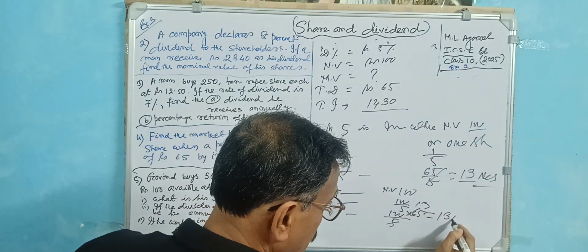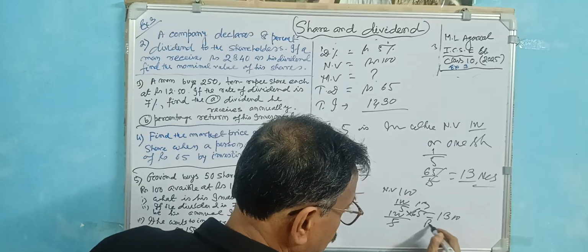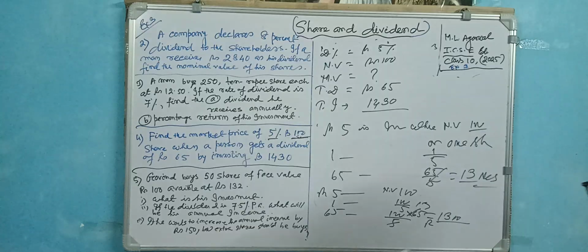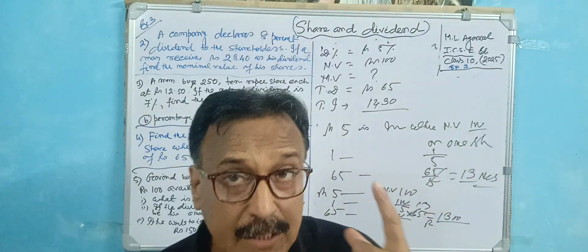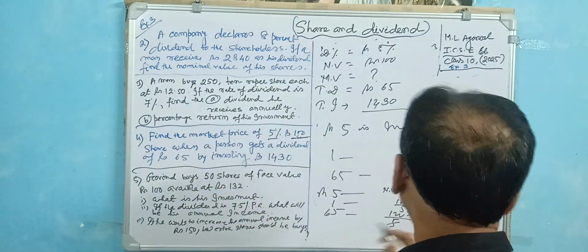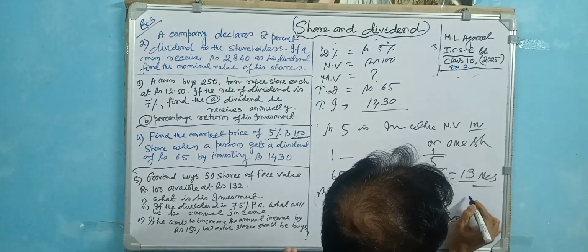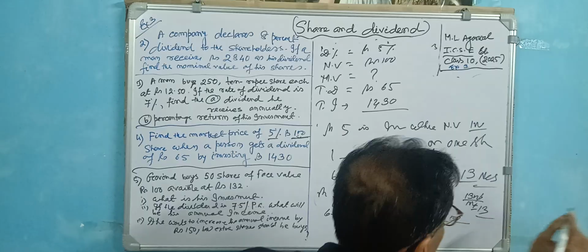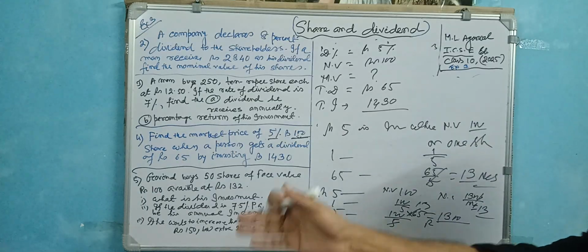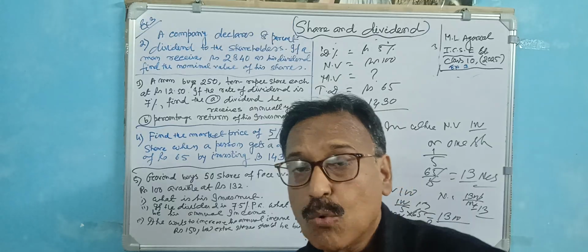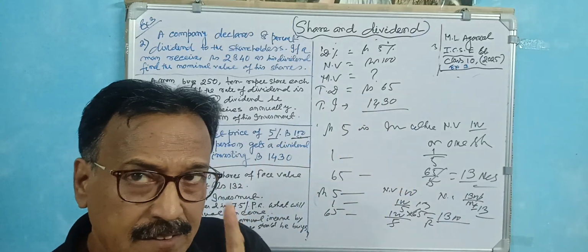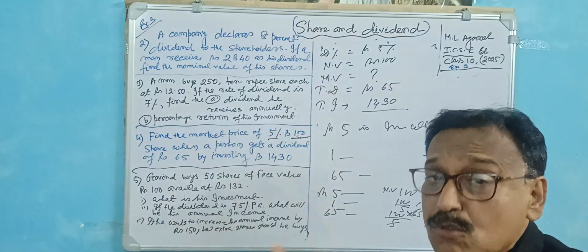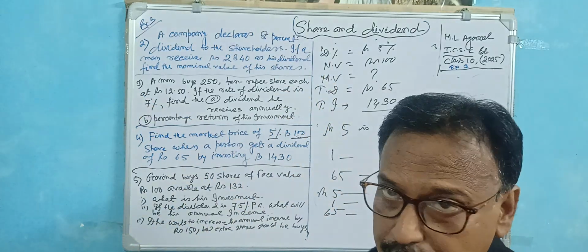this 1300 is the total nominal value. You know the nominal value is 100, so the number of shares is 1300 by 100, this also gives 13. So the two ways you calculate the number of shares: one, for one share you get rupees 5, so for 65 rupees you get 13 shares.